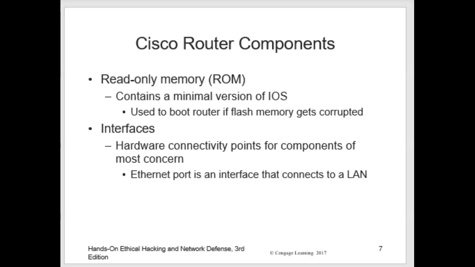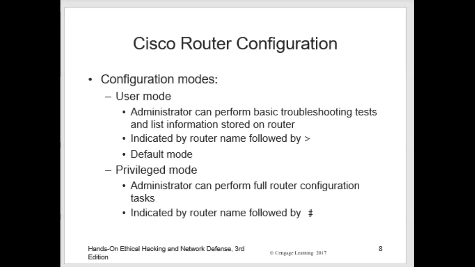So to see what information is stored in this memory, the Cisco administrator uses various commands, which we're going to talk about. And some of those access capabilities include user mode or privilege mode, right? So there are two access modes available in Cisco routers, the user mode and privilege mode.